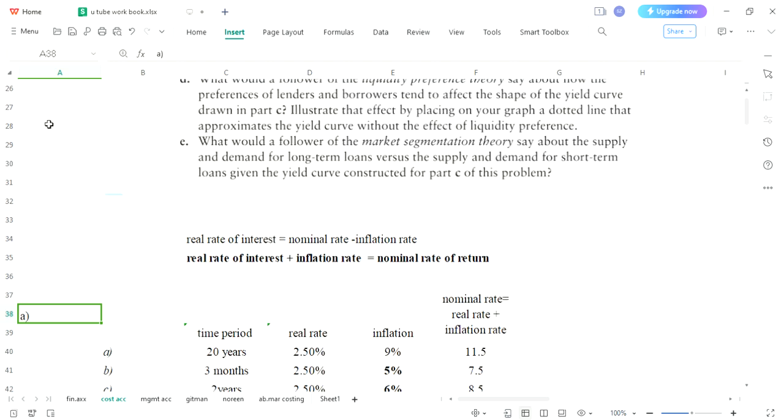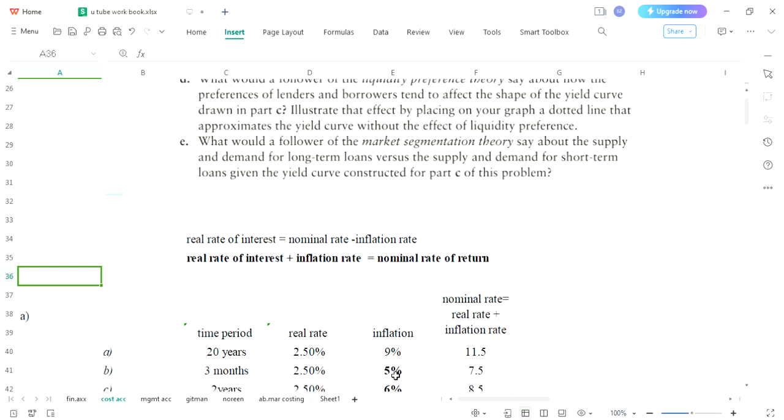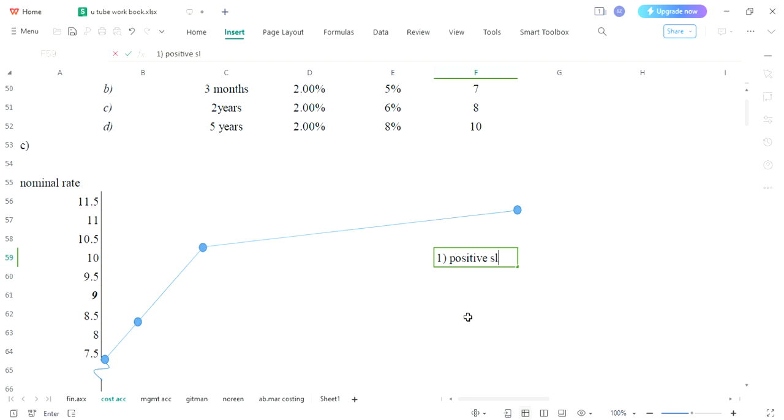Okay, let's get back to the question. In C, you were asked to draw a yield curve, and describe the general shape and expectations reflected by the curve. General shape, you can see that first thing that can be mentioned, it has positive slope, showing direct relation.